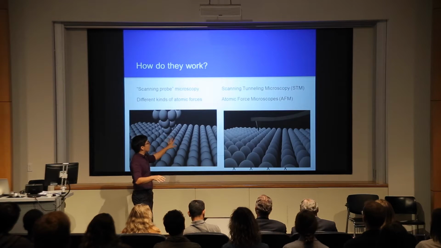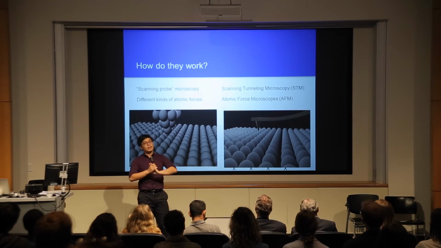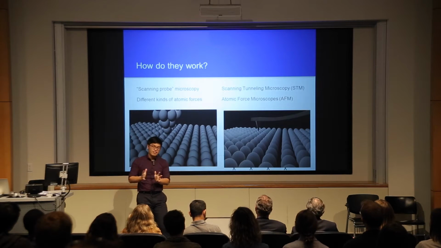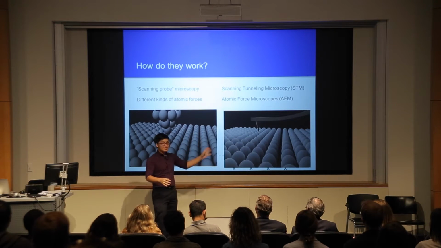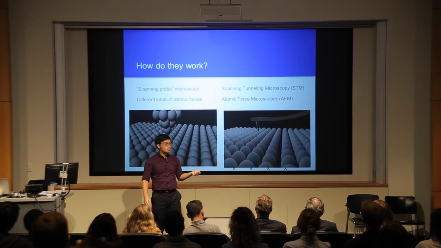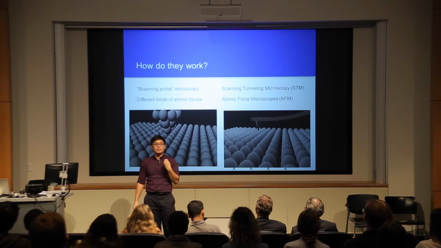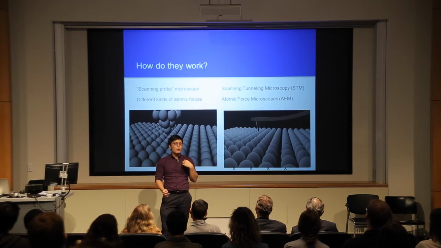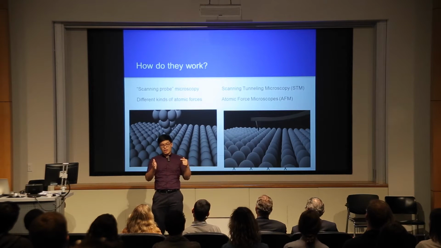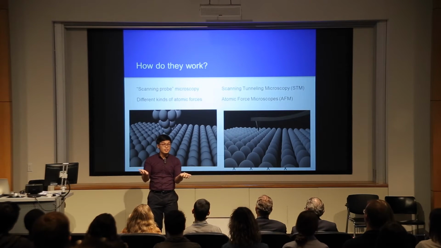Now, there are two kinds of microscopes that I am specifically interested in, with fancy names that are also more fancy than they actually are. Scanning tunneling microscopy. Both of these are subsets of scanning probe microscopes. Scanning tunneling microscopes take advantage of this phenomenon called electron tunneling. Now, what happens in electron tunneling is, electrons typically can't pass through things like insulators, right?